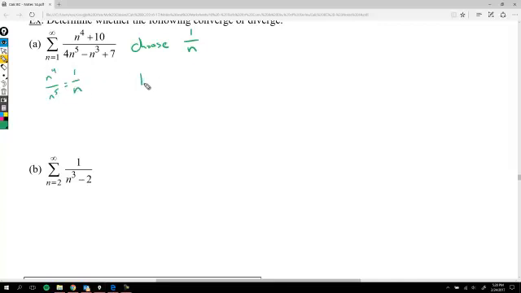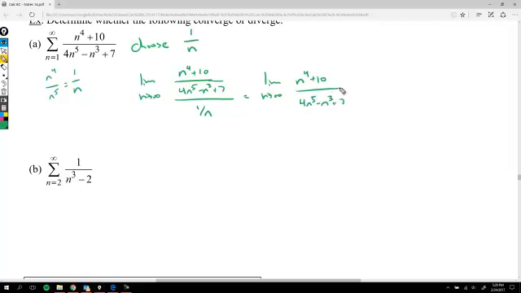Now what I'm going to do is take the limit as n approaches infinity of my given function divided by my chosen function. And what ends up happening is you end up multiplying by the reciprocal. So I'm multiplying by n over 1.